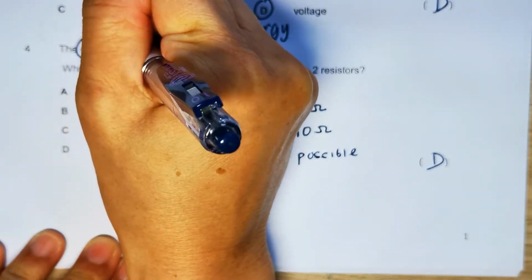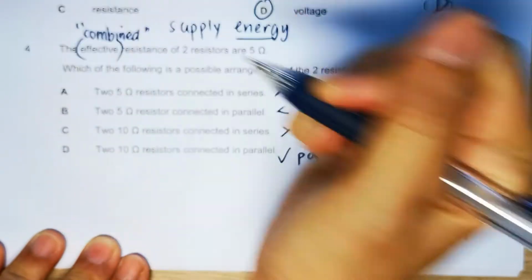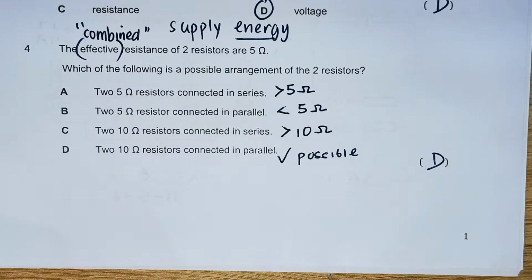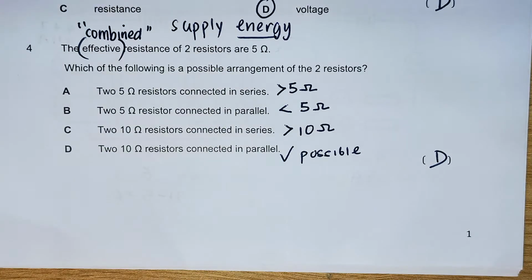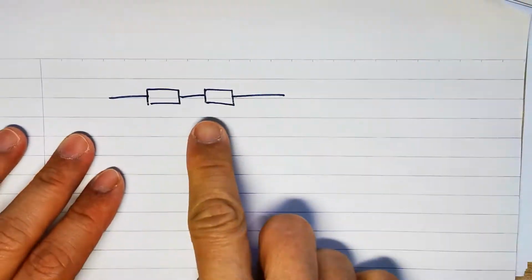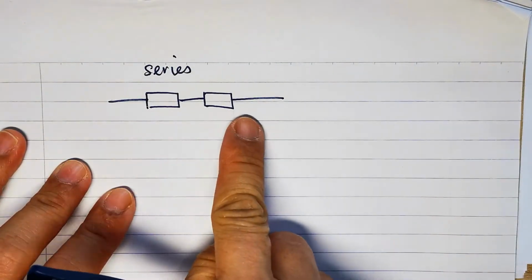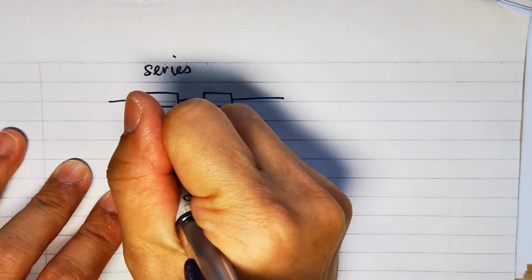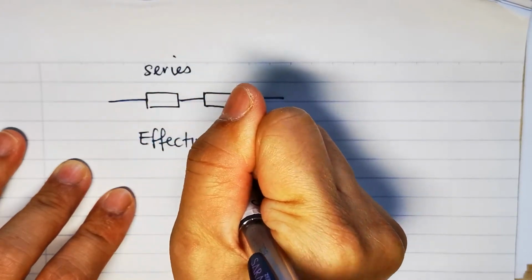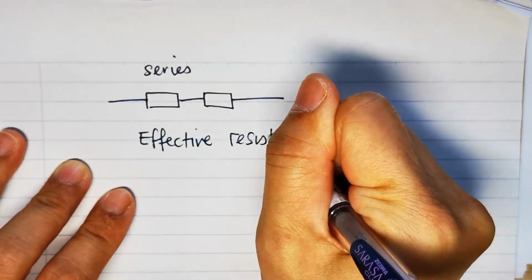Now the word effective means, in a way, you can think of it as combined resistance. So the combined resistance is 5 ohms. How are the two resistors attached? Before we do question 4, I need to remind you that when you connect two resistors in series, the effective resistance increases.